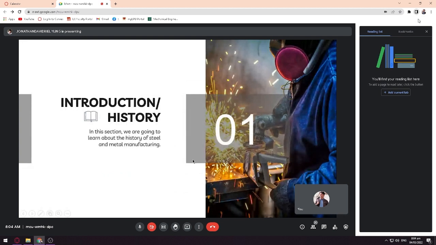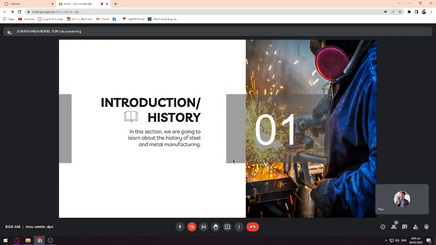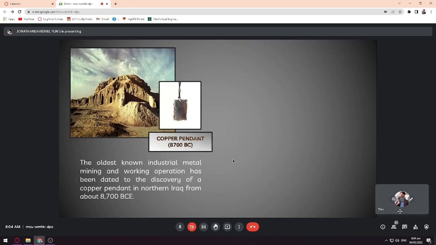For the introduction and history, in this section, we are going to learn about the history of steel and metal manufacturing. First is the earliest metal: the copper pendant is the oldest known metal.